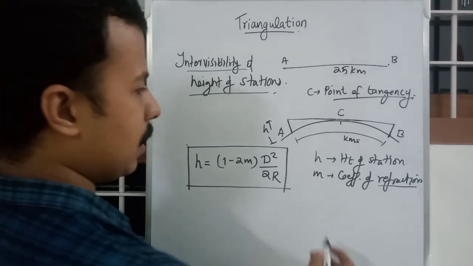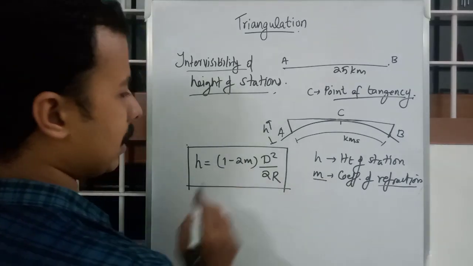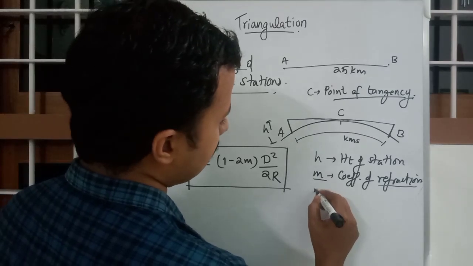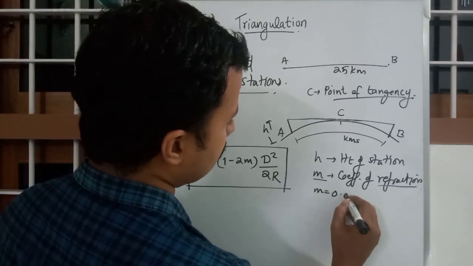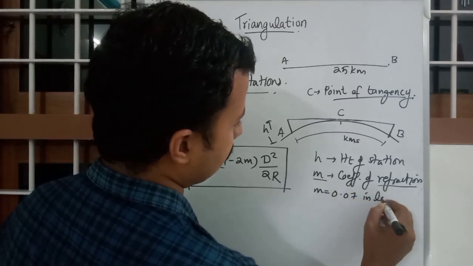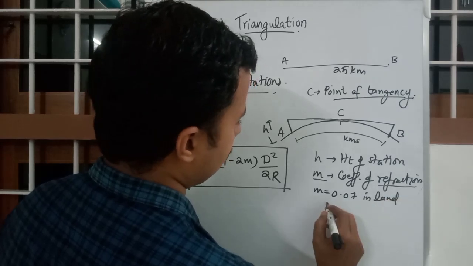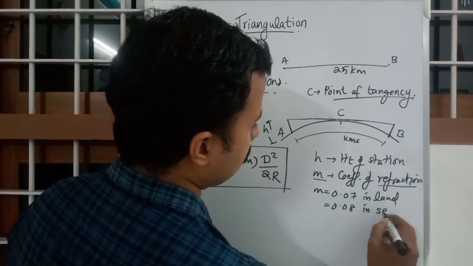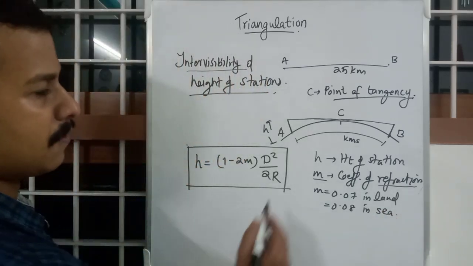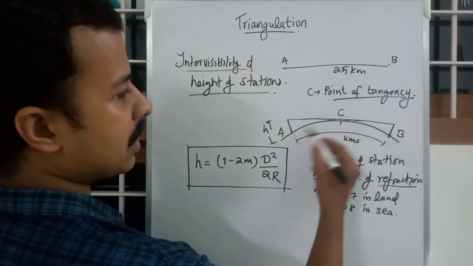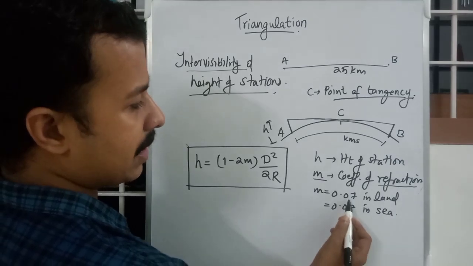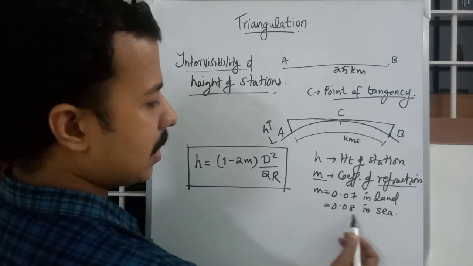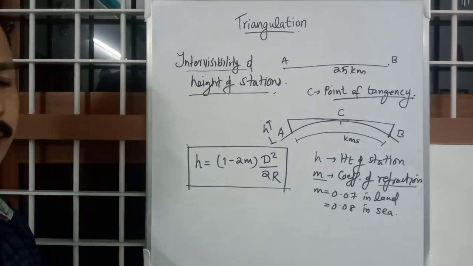So we will have to incorporate M into the equation, where M is equal to 0.07 in land and 0.08 in sea. If the intervening ground is land surface, you can substitute 0.07. If the intervening surface is sea, you can substitute 0.08.